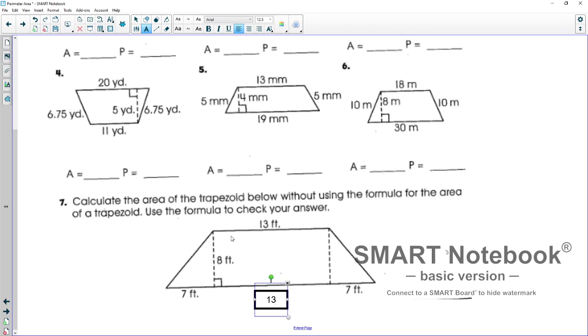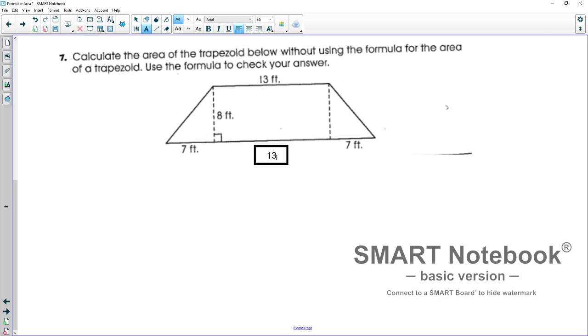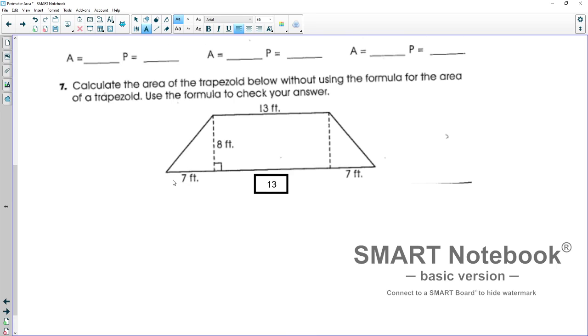Okay. Remember, on a rectangle, opposite sides are the same. So this would be 13, this would be 8. Now, if this is 13, we got 7, 13, and 7. What's my base? Right? What's the whole length, the total length?